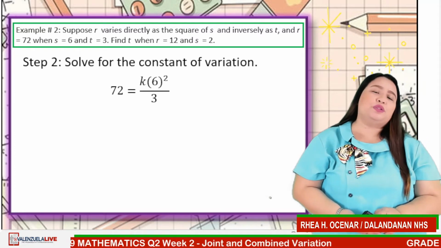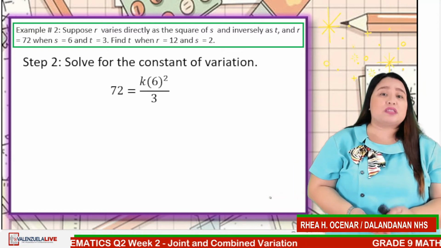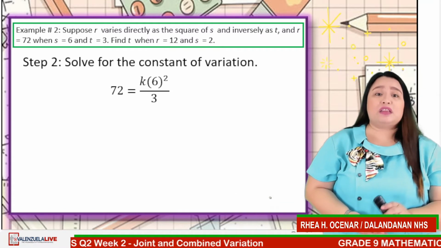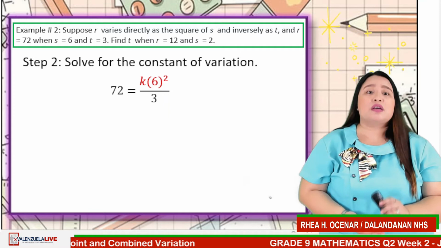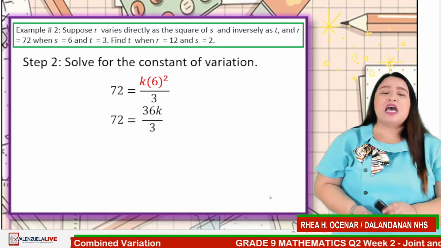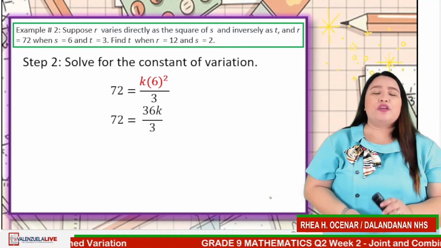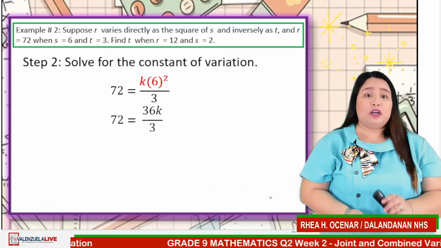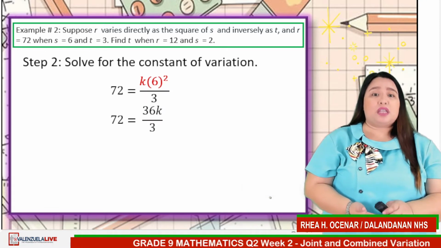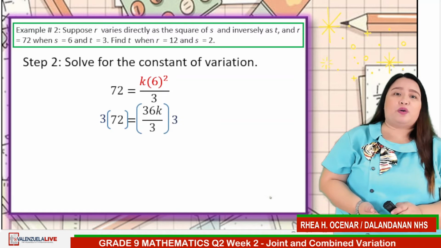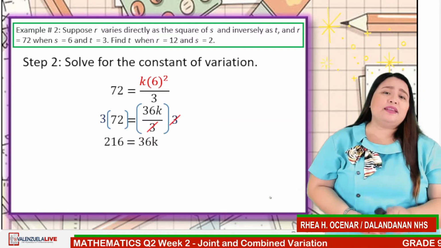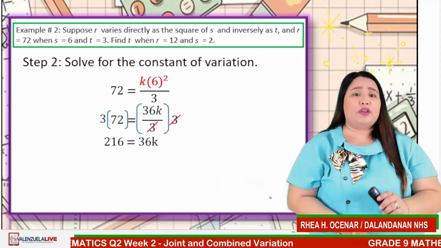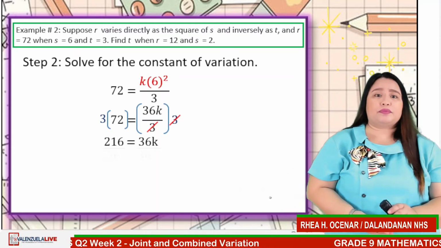So we have 72 is equal to k times 6 squared over 3. Simplifying k times 6 squared, we have 72 is equal to 36k over 3. Multiplying 3 to both sides of the equation, we have 216 is equal to 36k.